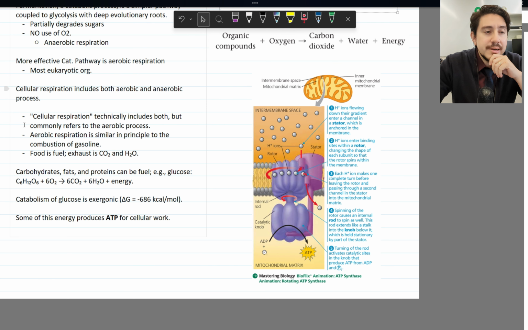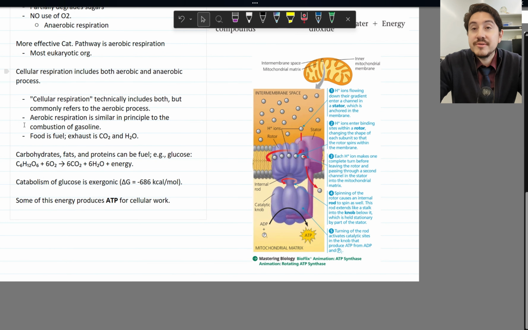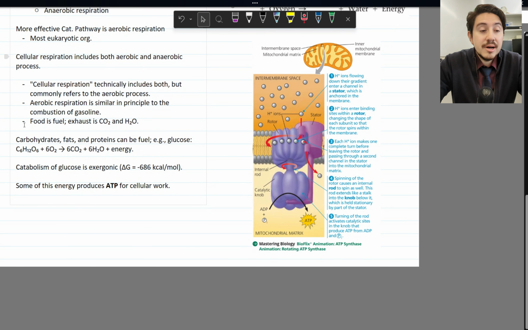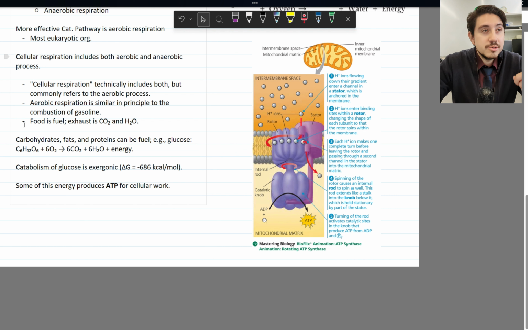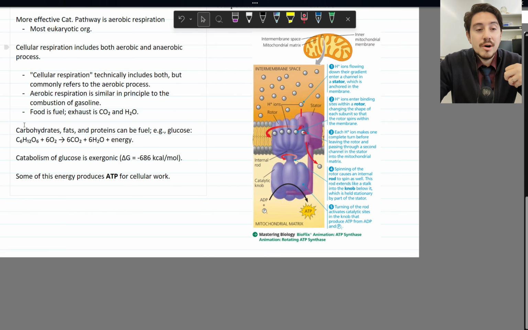This whole process of cellular respiration is similar in principle to the combustion of gasoline, where you have food as a fuel source, and that fuel source will burn to be extracted for energy, and the output or the exhaust is carbon dioxide and water. In this case, it's like a slow burn.